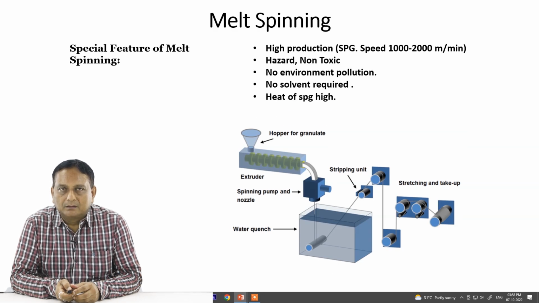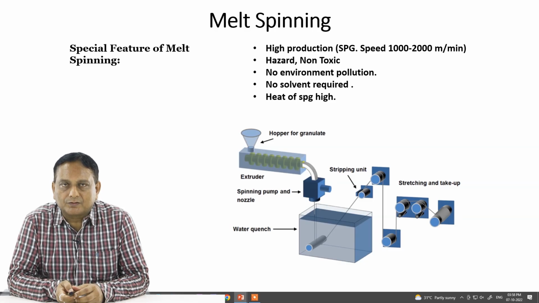Now, the first important feature is high production, and the spinning speed is around 1000 to 2000 meters per minute. Of course there is hazard associated with this, but it is non-toxic in nature.